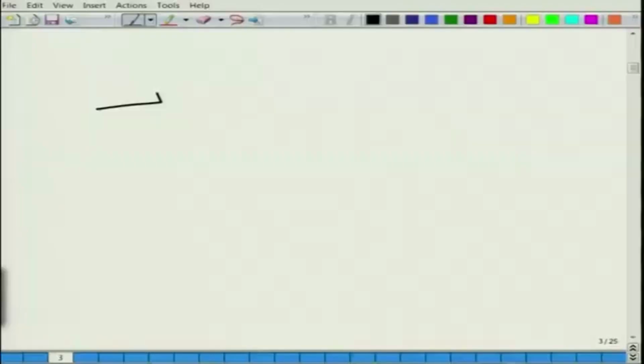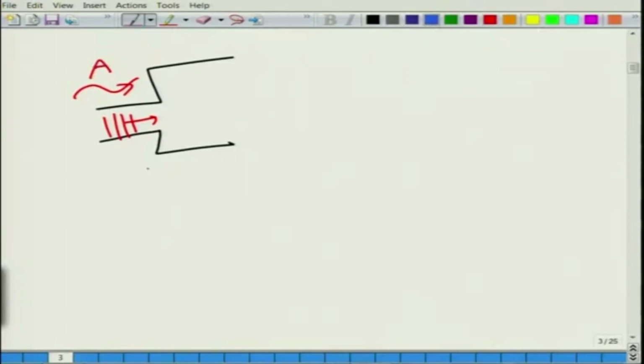So, the whole idea is basically to reflect a significant part of power back, and that is possible, we saw, by the simplest possible element, that is the sudden area discontinuity. So, when the wave comes here, some part is reflected back, and less amount is transmitted downstream.